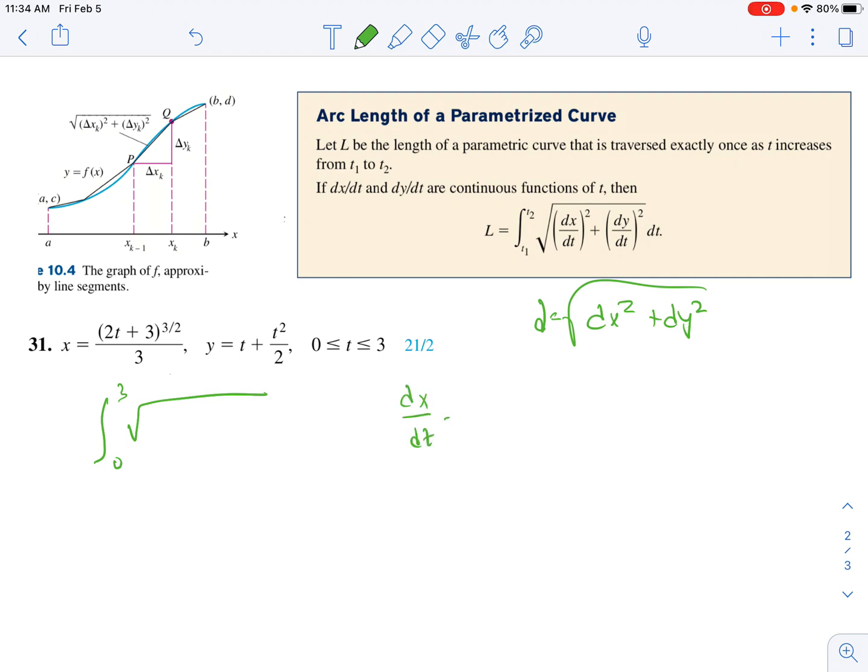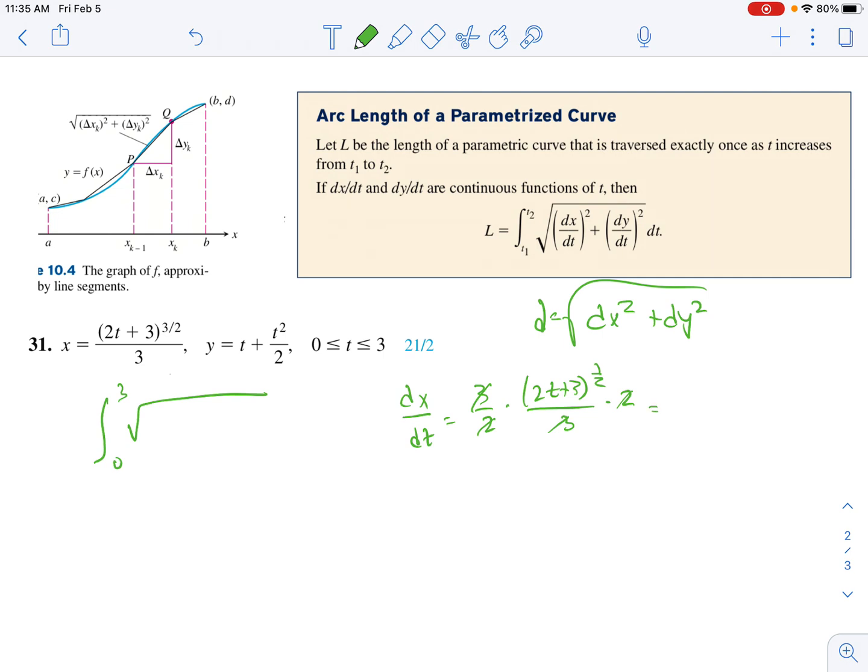So dx/dt is going to be 3 halves times (2t plus 3) to the 1 half, and then that's all over 3, and then chain rule times 2. So the 3's cancel, the 2's cancel, and then we're just left with that.